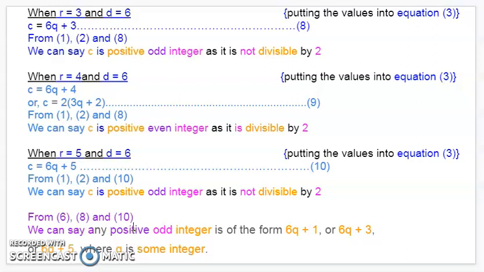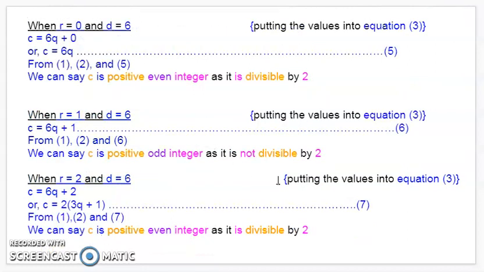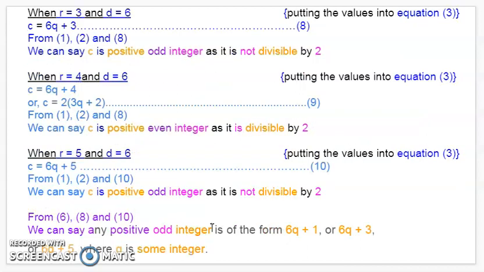So all these three forms comprise, and we can say that these are the forms for a positive odd integer.